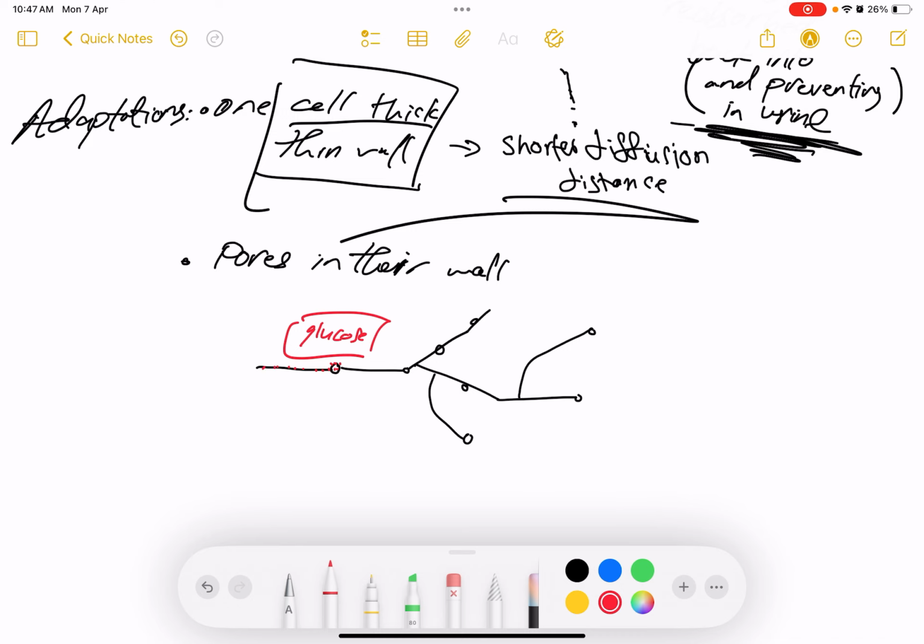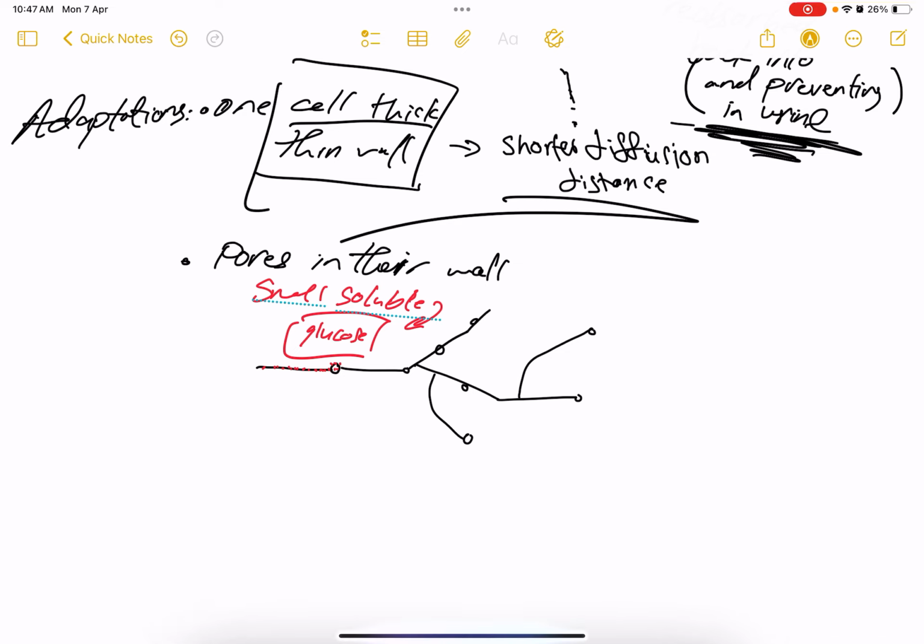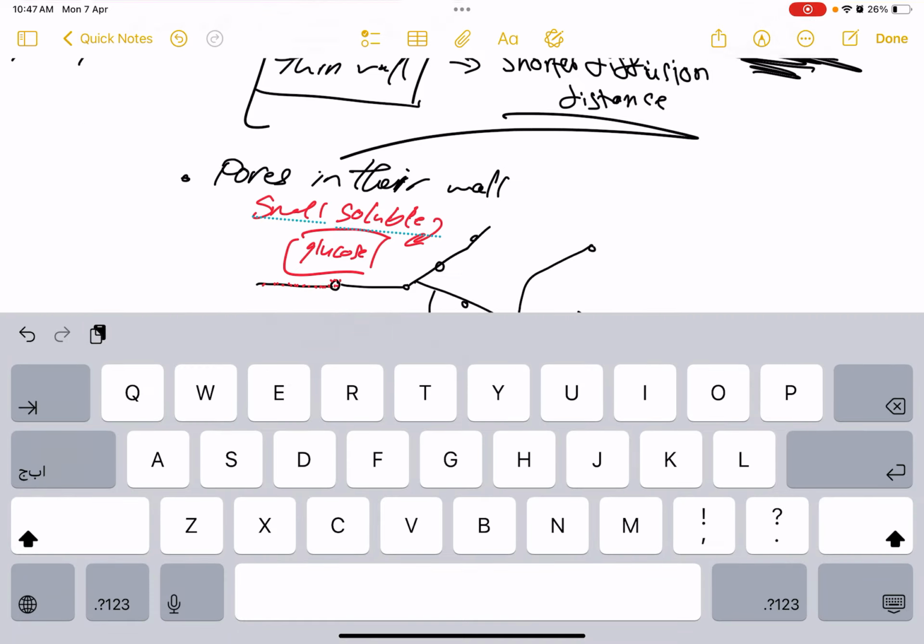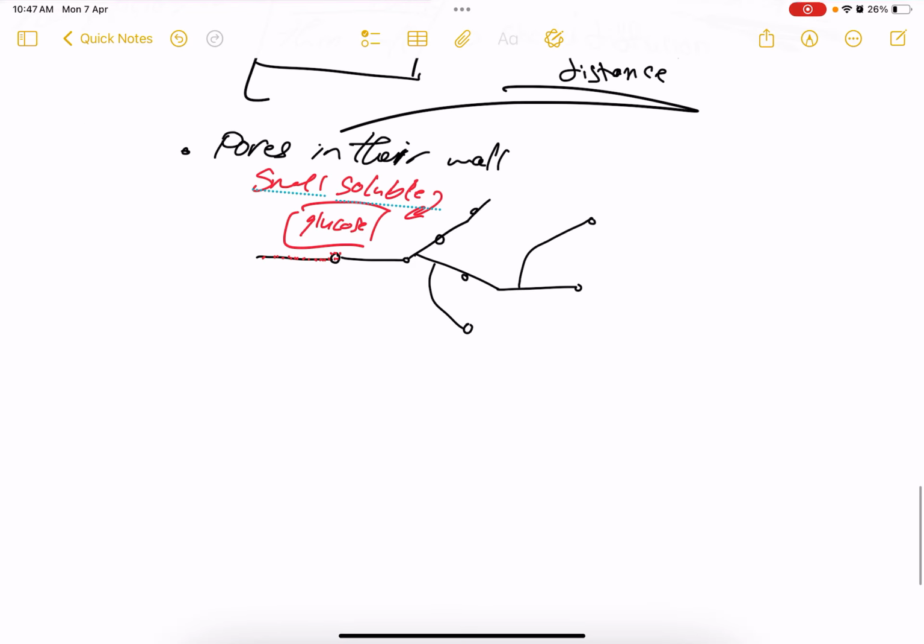So the blood is again flowing through, and the small soluble molecules like glucose are going to be filtered along with the blood plasma. Large molecules, however, like proteins, can't pass.